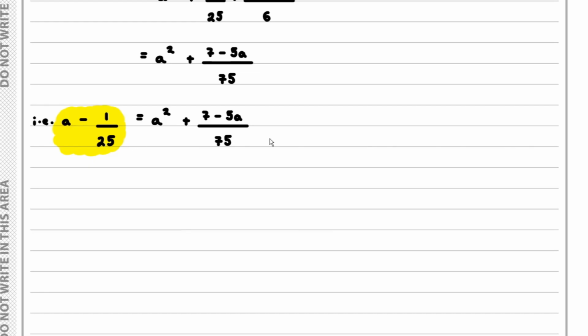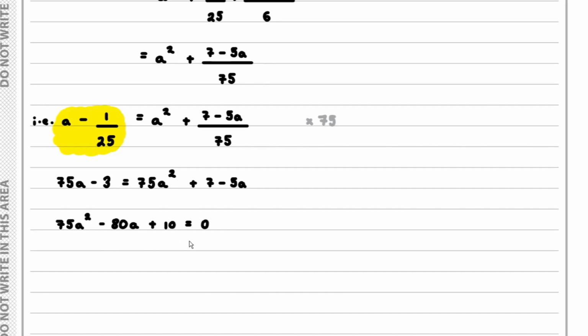Now, let's multiply through by 75. So I've got 75a subtract 3 equals 75a squared plus 7 take away 5a. So we have 75a squared subtract 80a plus 10 equals 0. And if I divide through by 5, I've got 15a squared subtract 16a plus 2 equals 0.